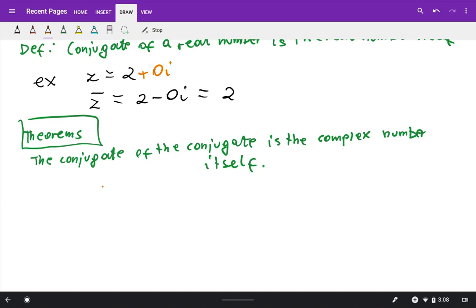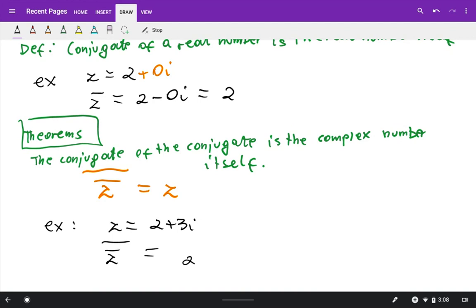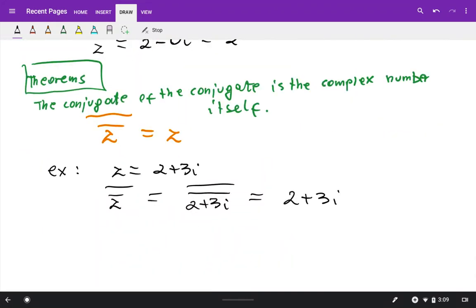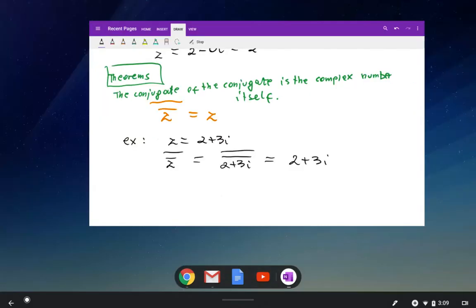Which means the conjugate of the conjugate will give you the original complex number. Let me just give you the example. z is equal to 2 plus 3i. If you take the conjugate of the conjugate, I'm going to leave that proof for you guys, but that's just going to be the original complex number. I'll stop here, and I will record a second video for you guys soon.